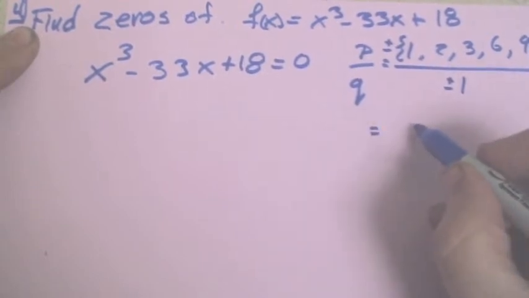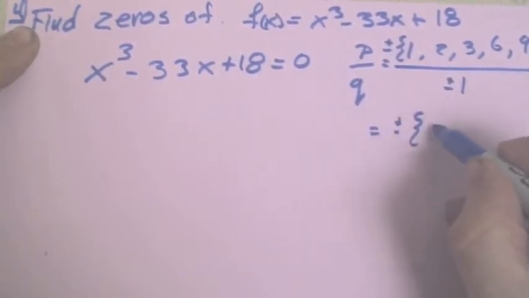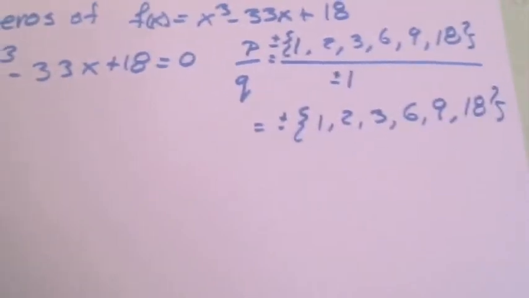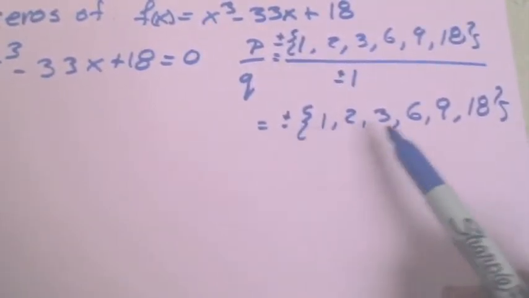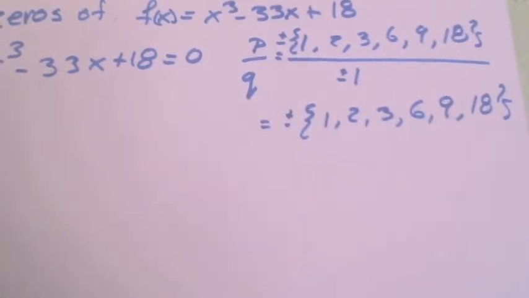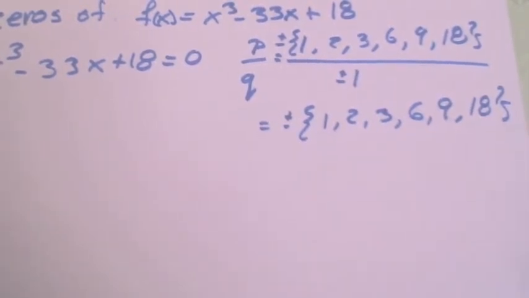So our possible rational zeros are just 1, 2, 3, 6, 9, and 18. Now that is 6, and then with the positive and negative, 12 possible values that might be zeros, and that would take a while to check all of them. But the nice thing is we don't have to check all of them. We just have to find one or two that work.